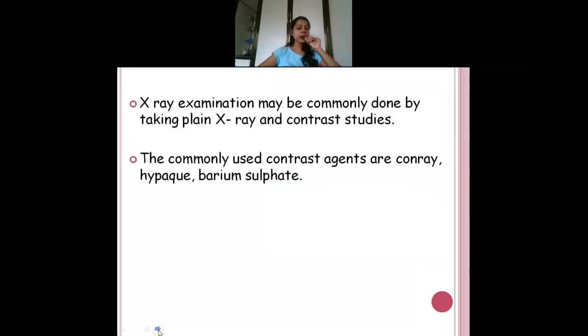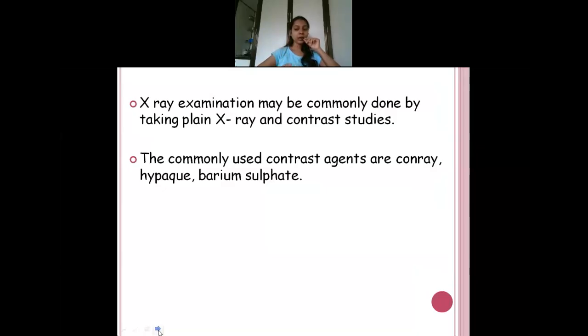Sometimes you can do a plain x-ray, or you can go for a contrast x-ray, where a contrast media is injected to the patient and then you take a series of x-rays. Commonly the contrast media we give are Conray or barium sulfate. Some can be given orally to drink, some are injected.